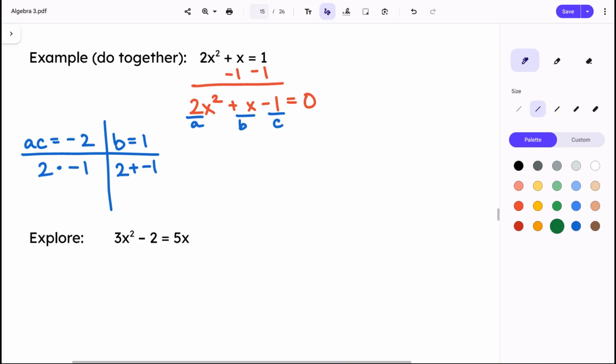So you want 2x squared plus... Oh, yeah, 2x squared plus 2. Or does it matter which one? It doesn't matter which one you put first. And then minus 1x. Can I just write minus x? Yeah. And then minus 1. Minus 1, good. You have to rewrite the middle term, that x, using the factors that you found from your chart.